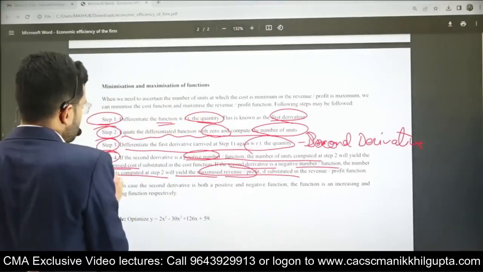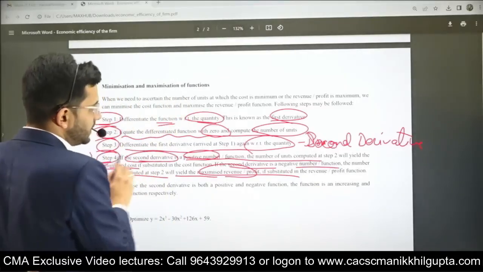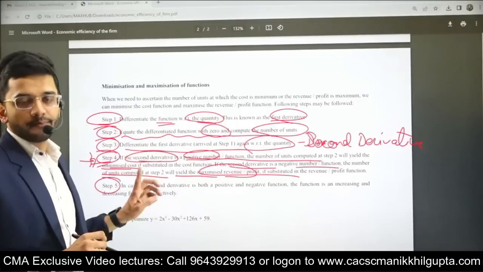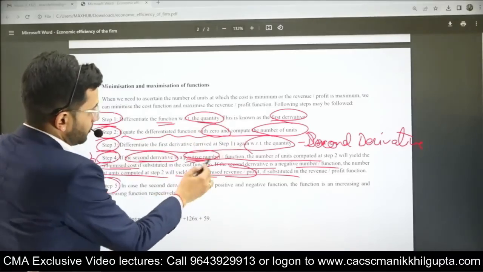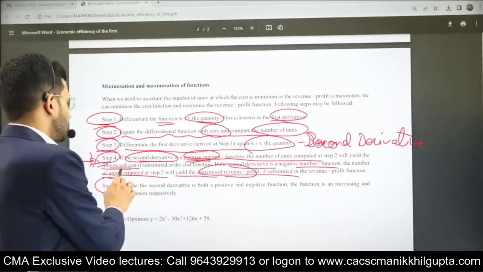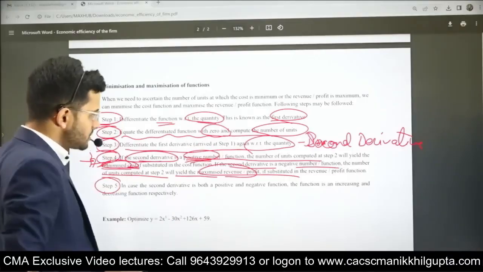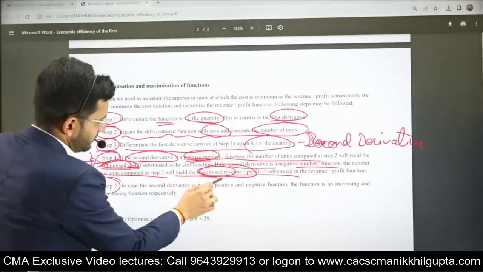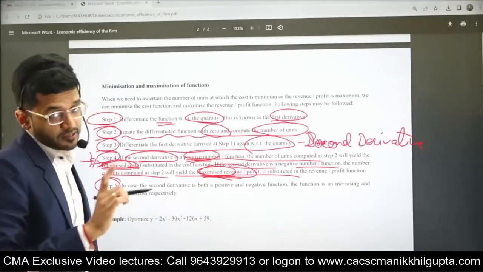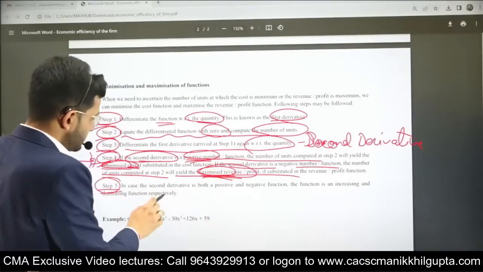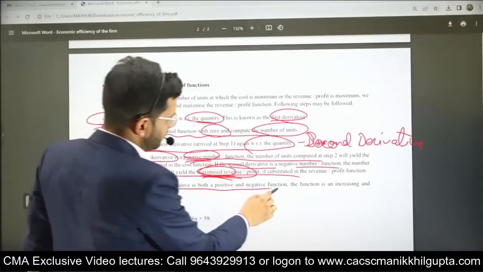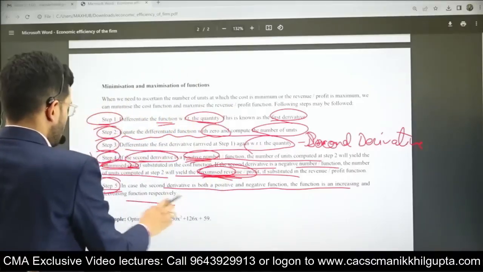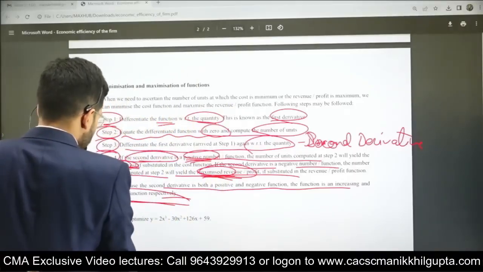So in this step, we first ascertain whether the second derivative is positive or negative. Step 5: in case the second derivative is positive or negative, the function is increasing or decreasing respectively. This we'll see by an example.